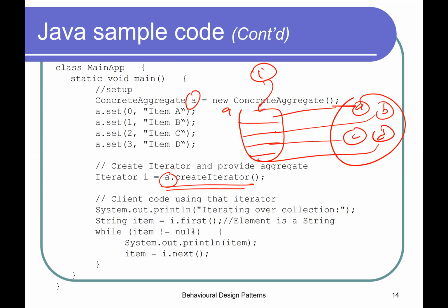Okay, and then now that I have that iterator over here, I can do that for loop. Okay, client code using the iterator operator. So iterating over the aggregate. I didn't do a for loop. I did a while. So I just print, get first and then next until I'm done. Just printing what's inside.